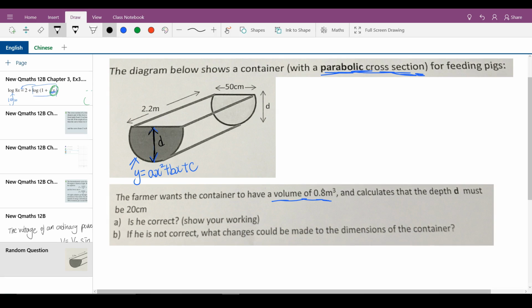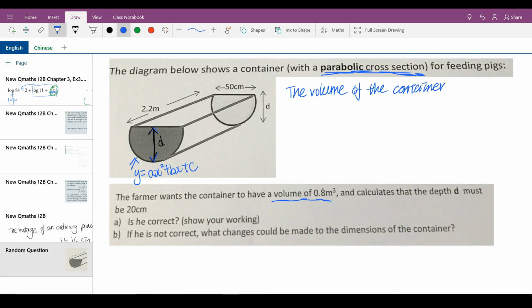So the volume, I'll use the blue pen, the volume of the container is equal to the cross-sectional area, right, multiplied by the length is equal to the volume.